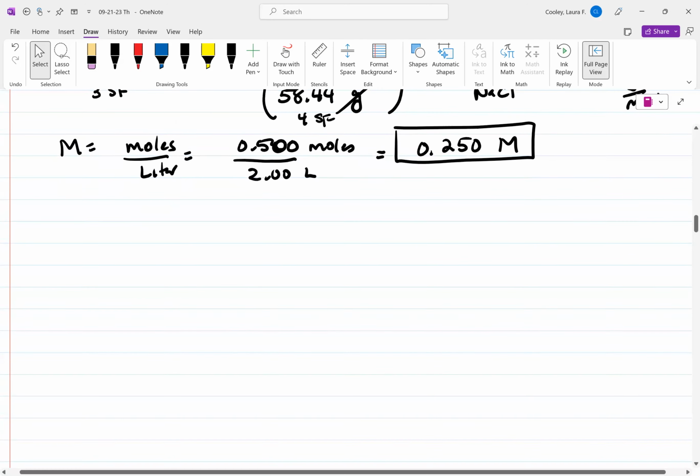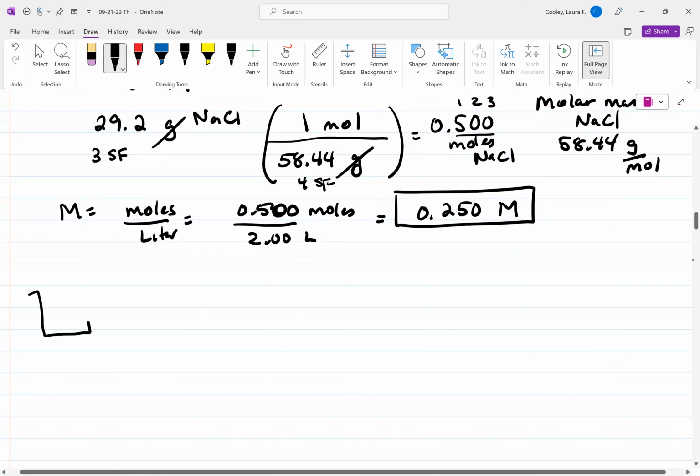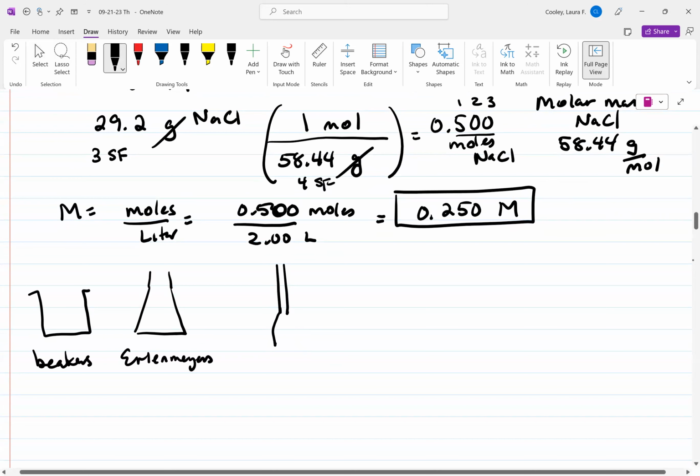So you go in the lab, there's all kinds of flasks, right? We have beakers, look like this, sort of. We have Erlenmeyers, which look kind of like this. And then we have a very funny looking flask, and it's even funnier the way I drew it because it's not really to scale, but that's all right.